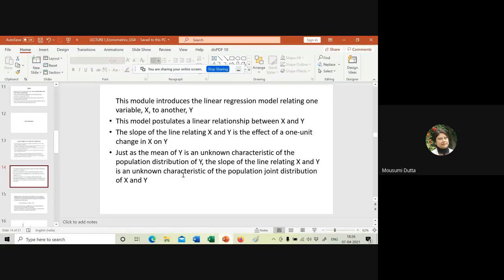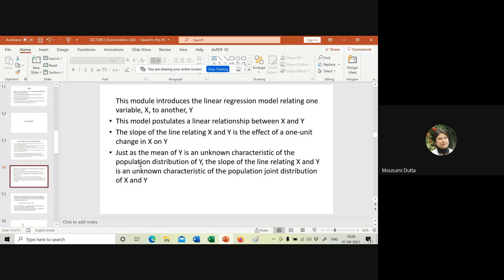And what else did I mention? Alpha and beta are unknown characteristics. These are the population parameters. On the basis of the observations on y and x, that is, on the basis of the sample observations, we are going to estimate the population parameters. So remember that alpha and beta are unknown population characteristics.